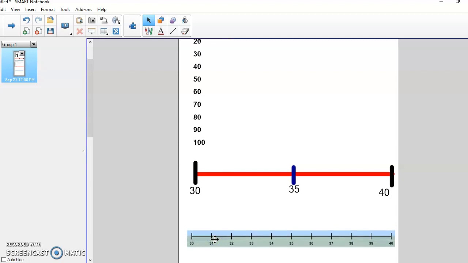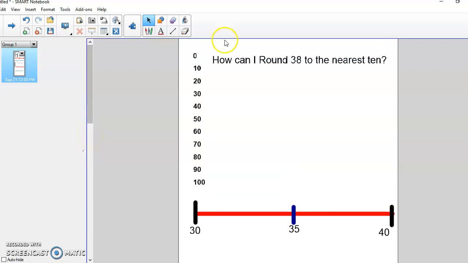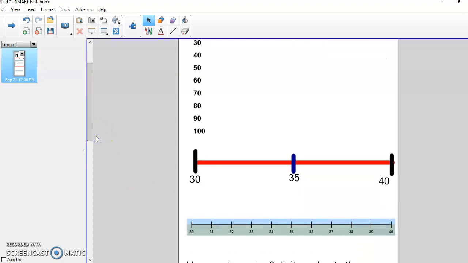Okay, so now you're not done. There are lots of steps to rounding. We've already done a bunch of steps, but we haven't even found the number we have to round yet. So I have to go back to my question: how can I round 38 to the nearest 10? I need to think about where on this number line 38 would be. For my lesson, I have this little cheat sheet of numbers in between 30 and 40 that you can use to figure out where 38 is.